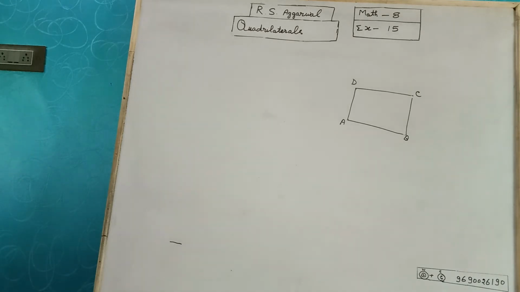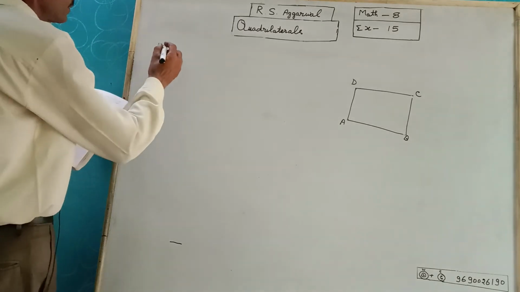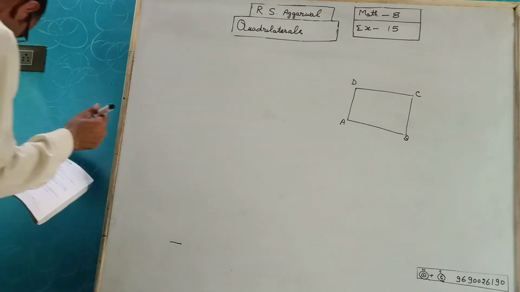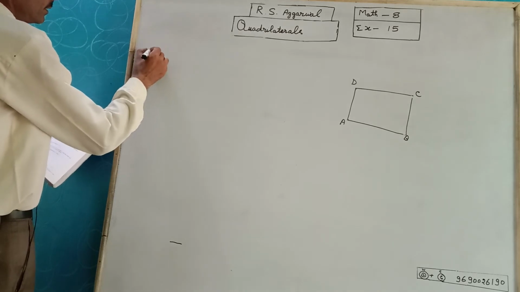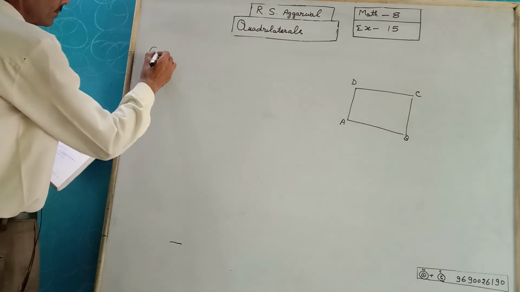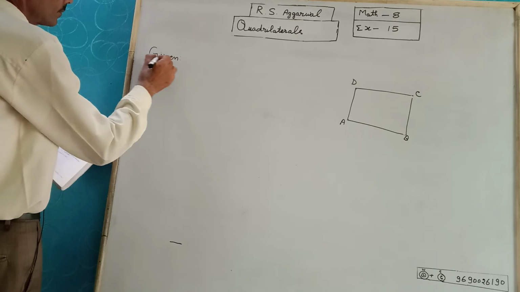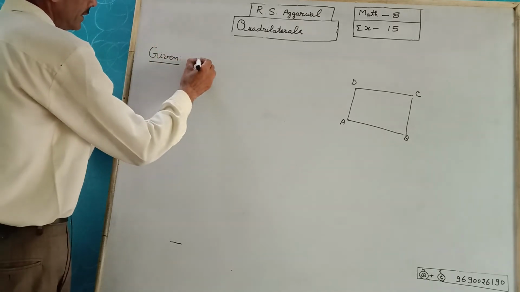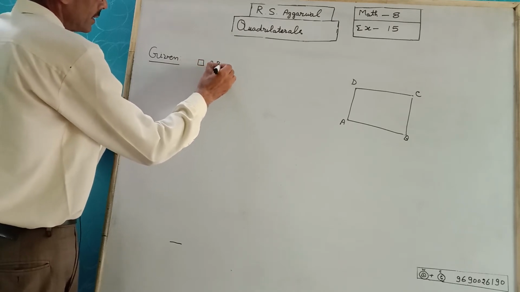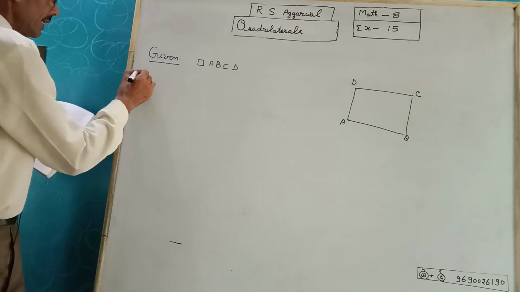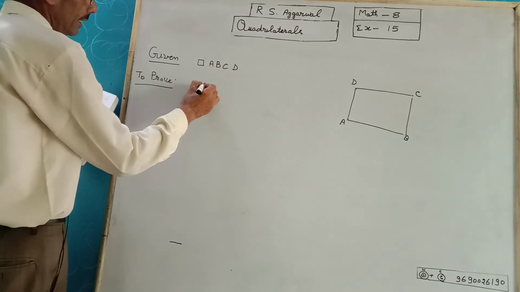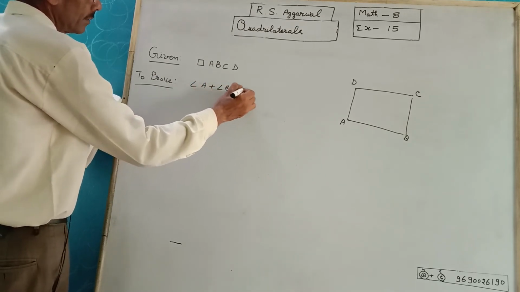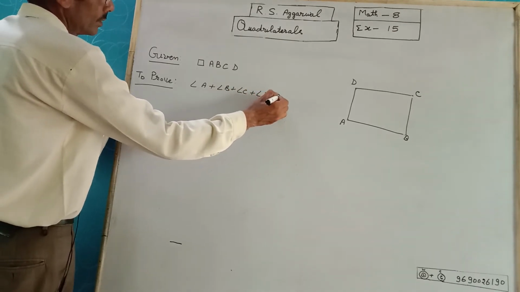The angle sum property is a theorem. At first you write the given: ABCD is a quadrilateral. Second, to prove: angle A plus angle B plus angle C plus angle D is equal to 360 degrees.